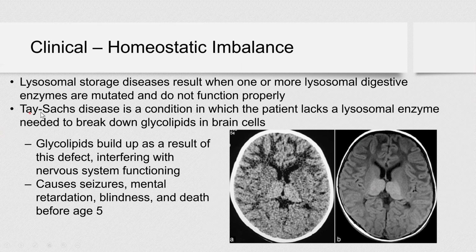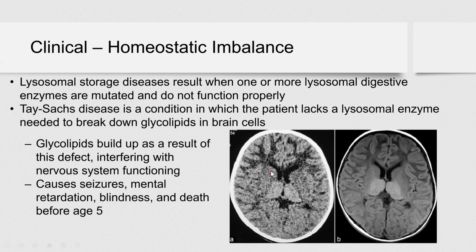I would say kids with Tay-Sachs disease, because those kids unfortunately die at age 5. So it's a very severe genetic condition where the patient lacks a lysosomal enzyme needed to break down glycolipids in brain cells. Now, glycolipids, those are fat with sugar attached to it, right? So pretty much the brain became fatty.